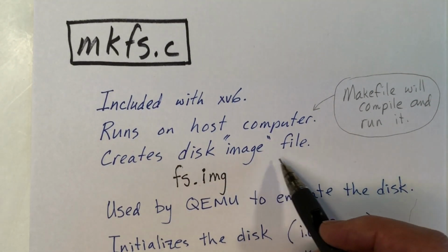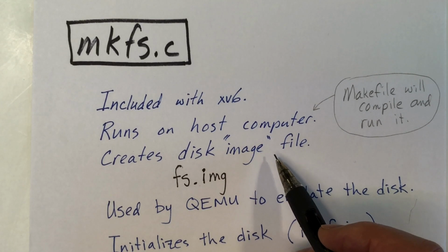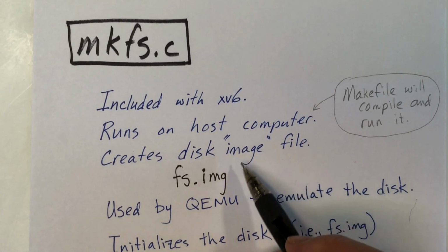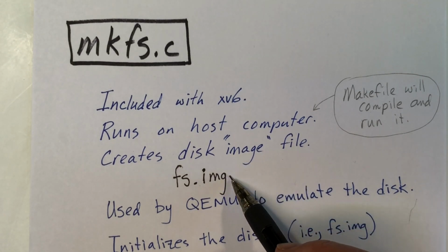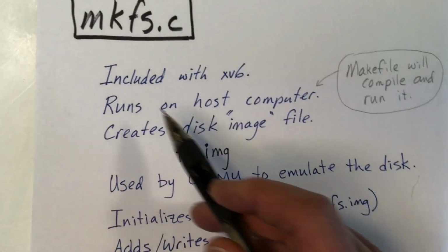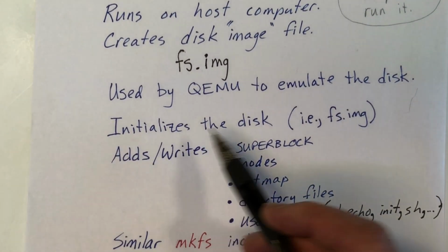So our disk in xv6 is initialized to have 1,000 blocks, and each block is 1,024 bytes. So that means there is 1,000K bytes in this file, 1 byte in the file for every byte on the emulated disk.